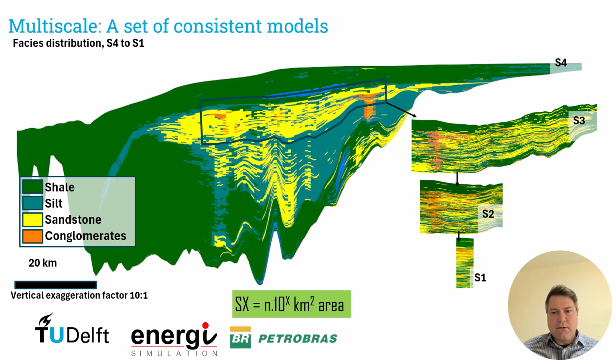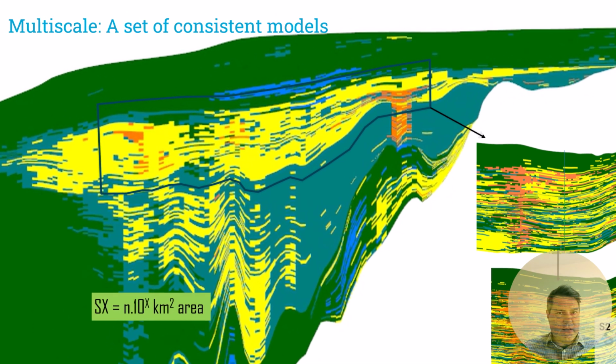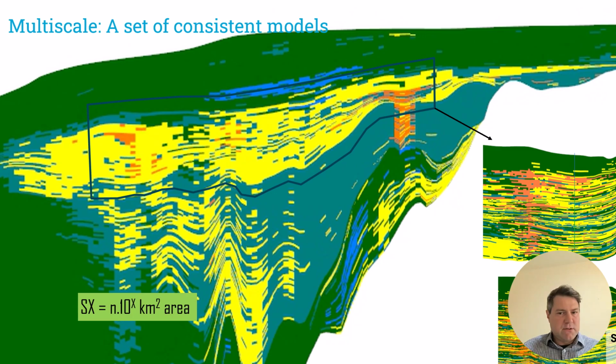So the multi-scale setup we have here is a set of consistent models going from the largest scale, called here S4, down to the smaller scale called S1. This index is the power of ten for the square kilometer area. So we start with the blocky view on the S4 scale, and we go to increasing details on the S3.